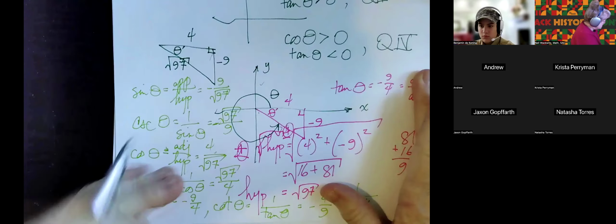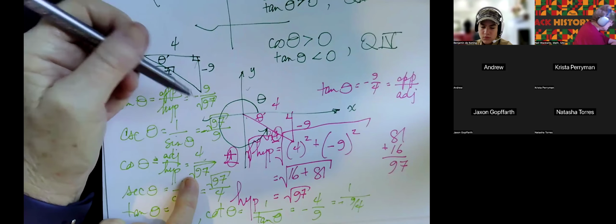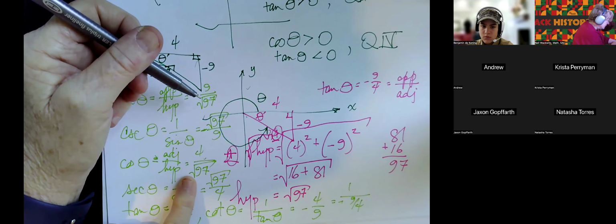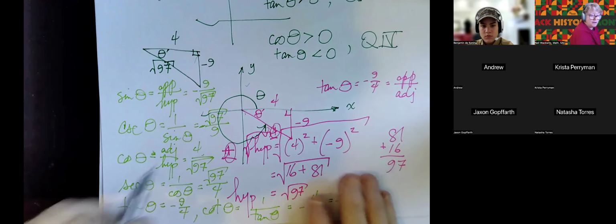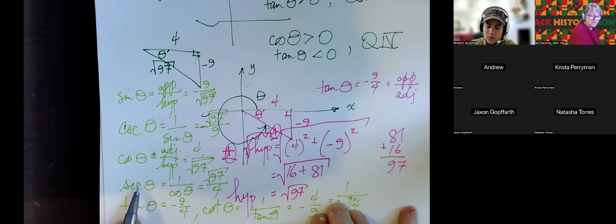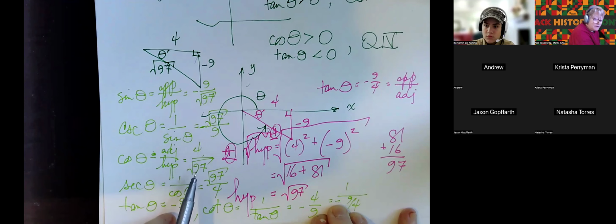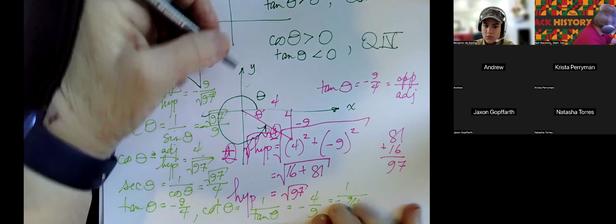Okay, now we just need to rationalize the sine and the cosine. The reason why I want you to think of doing that in the last step is that the cosecant and the secant are much easier to find if we find the reciprocal of the unrationalized versions of sine and cosine.